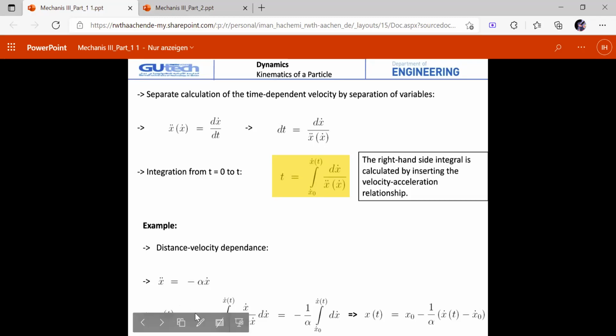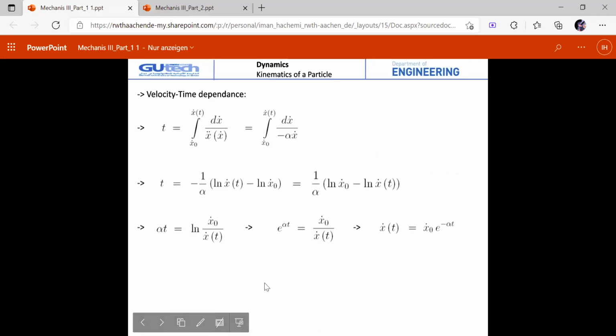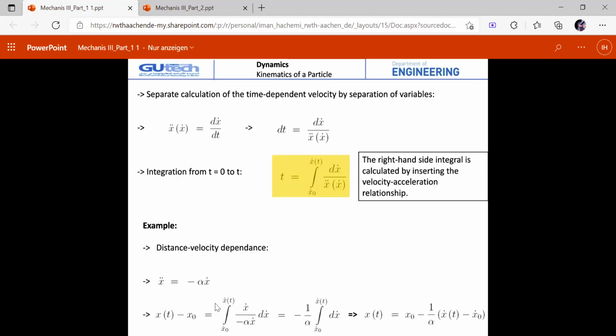This is the initial position, and we replace in the previous equation the relationship between the acceleration and the velocity. We replace it here and integrate with respect to the velocity.